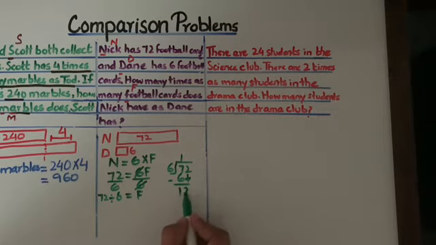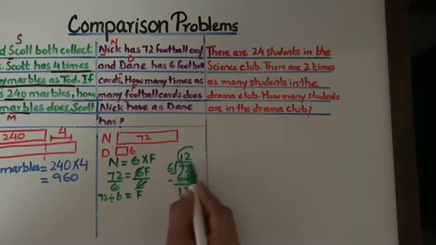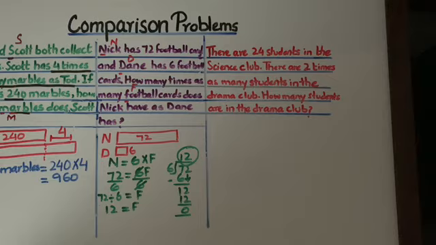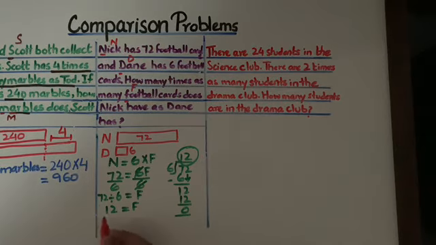Bring this 2 down. 6 times 2 is 12. So 12 is the answer of this part. 12 football cards. So the answer is 12, meaning Nick has 12 times as many football cards as Dane has. So this is the answer.